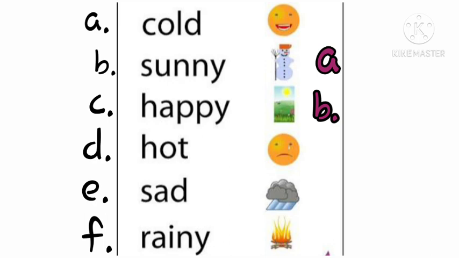Now the last, F number word, is rainy. R-A-I-N-Y, rainy. And see, there is only one picture left. Now, you know what the answer will be. So please number the picture with F. Yes, here you go. Very good, children.